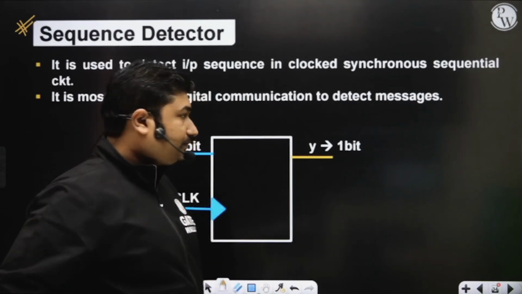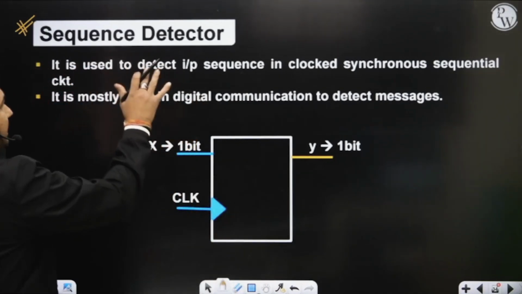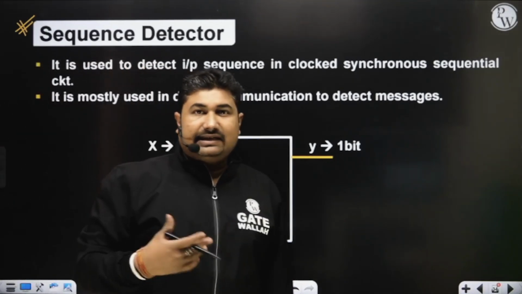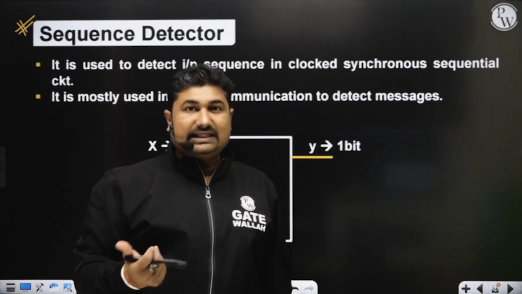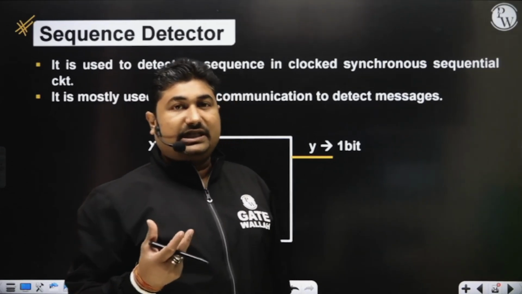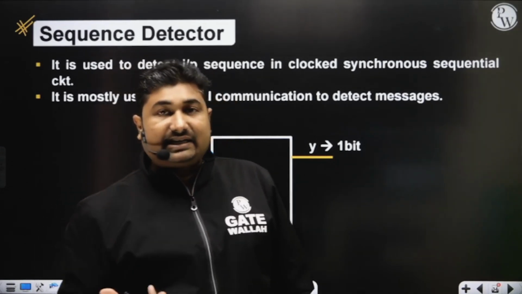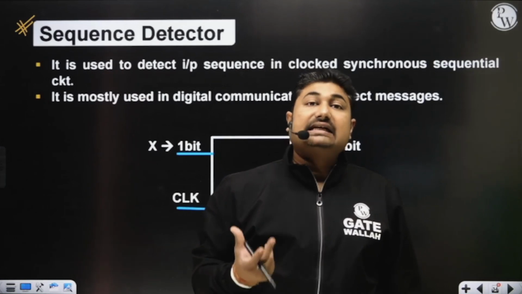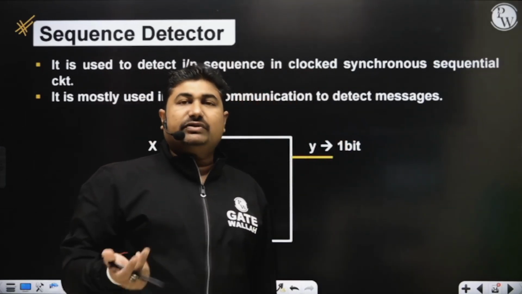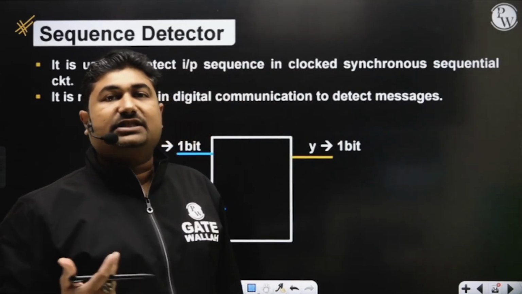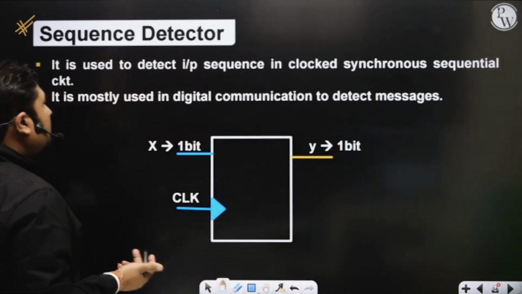Okay, great. Please observe what is sequence detector. As the name suggests, it can detect some specific sequence. Sequence detector is a sequential circuit which can detect some specific sequence of bits. Is it okay? When I am saying bits, definitely it means in terms of digital as 0, 1. Okay, sequence of 0, 1.